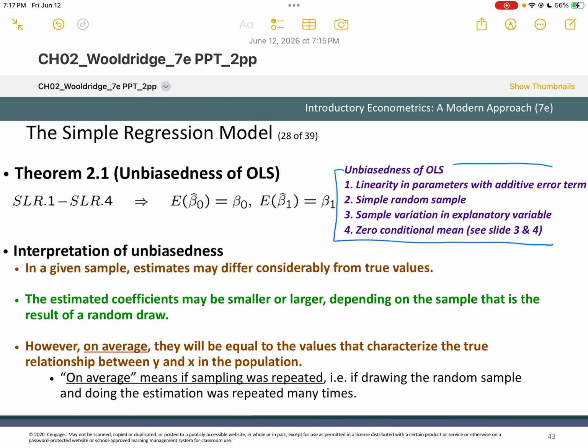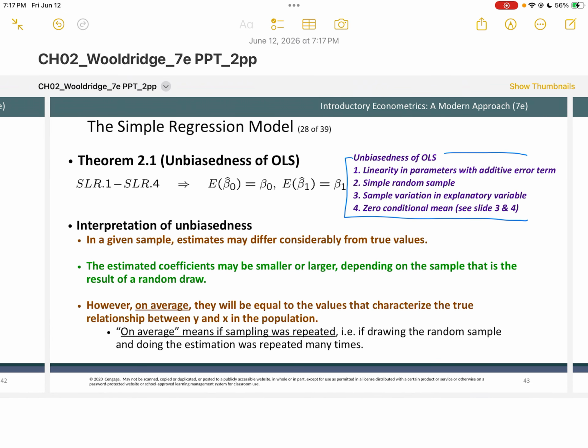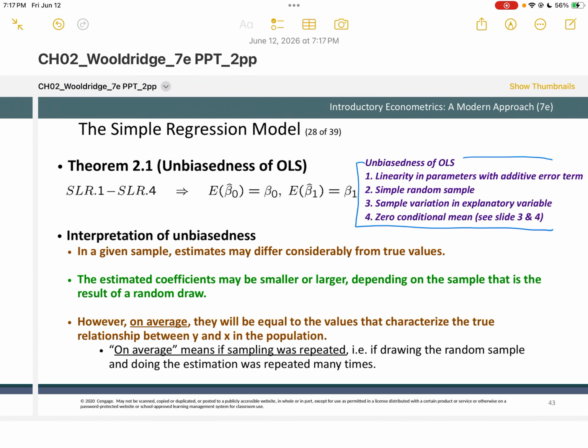Unbiasedness of the OLS is summarized here. Now, the interpretation of unbiasedness has everything to do with our sampling distribution. Given a sample, our estimates will differ considerably from the true value.